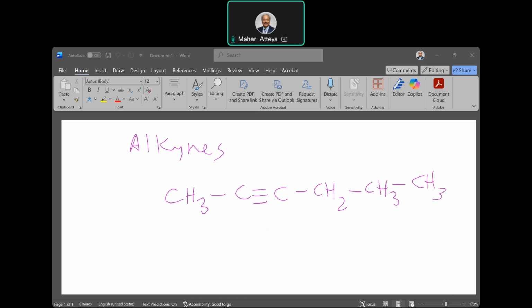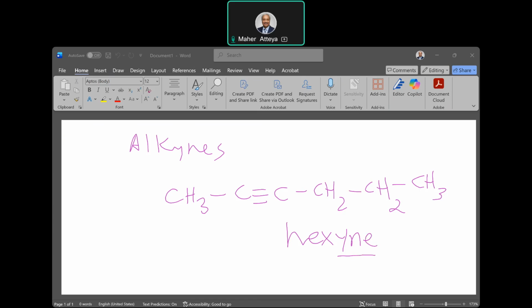This is CH2. So how many carbons do we have? We have 1, 2, 3, 4, 5, 6. 6, so that is hex. And since it has a triple bond, YNE at the end, so the ending is hexyne.